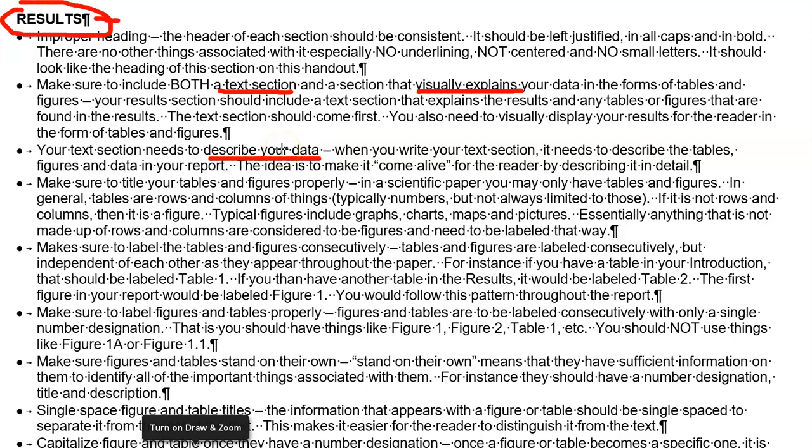So if you were to make a video of it just like I am and describing the data to somebody, what would you say? That's what you should have in terms of your text section, to describe the tables and figures and the data in your report. The idea is to make it come alive for the reader by describing it. So that's the first section. That's a text section. The second section should be tables and figures.